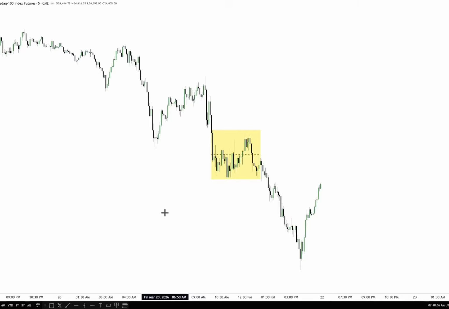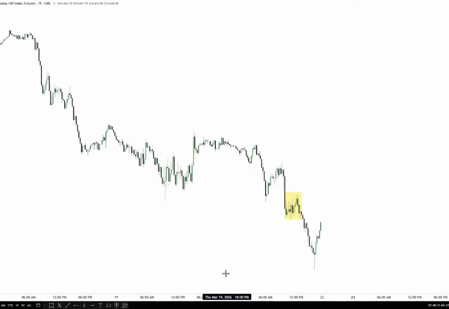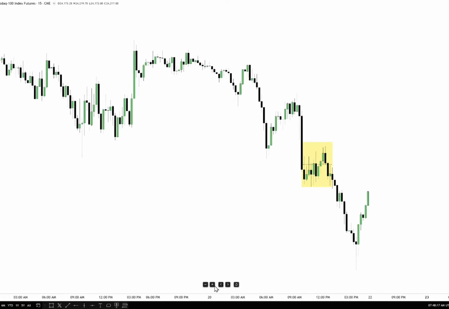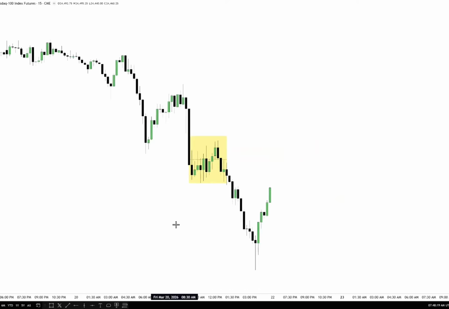Well, above 5 minute, what's a nice little bellwether time frame that we like to look at around here? 15 minute. Should already jump off the chart at you. What do you see? See that? Now I'm going to keep this portion of price distortion annotated that was referencing the 1 minute chart.